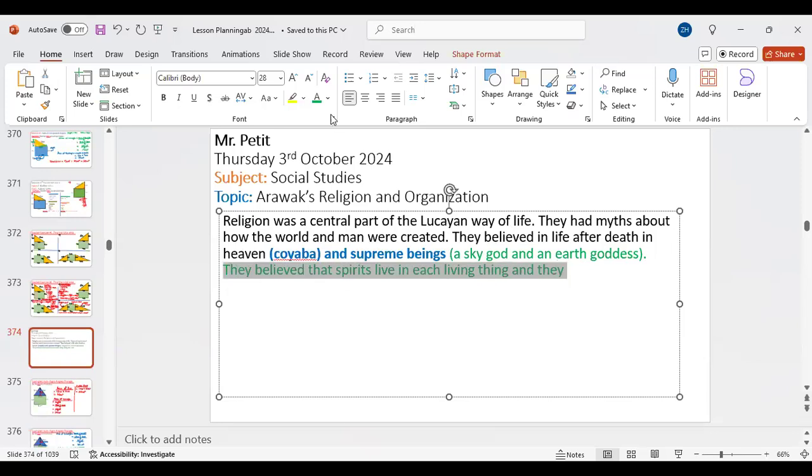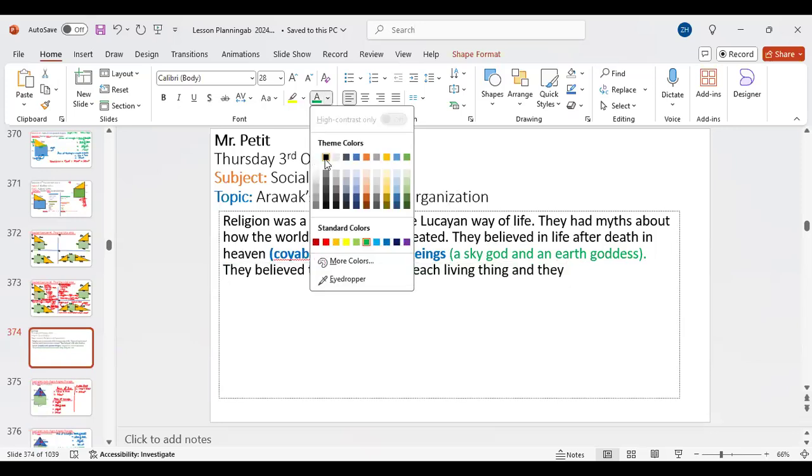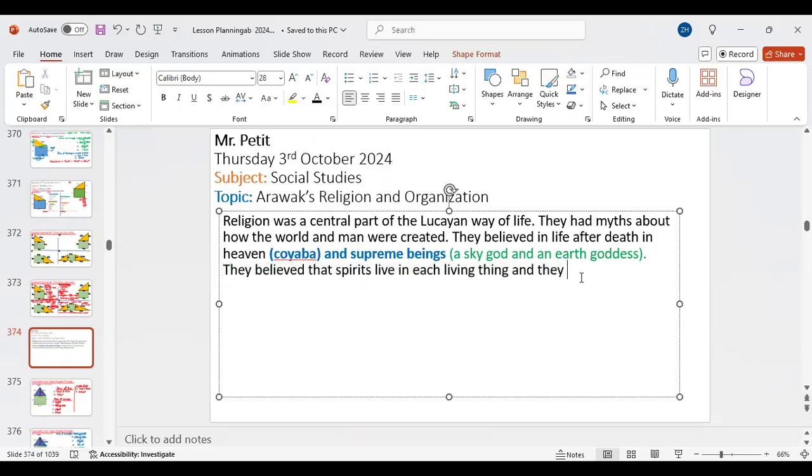Remember, they were painting also out of practical reason, to ward off mosquitoes. But they believed that spirits live in each living thing, and they made zemis, which are idols, representing these spirits.